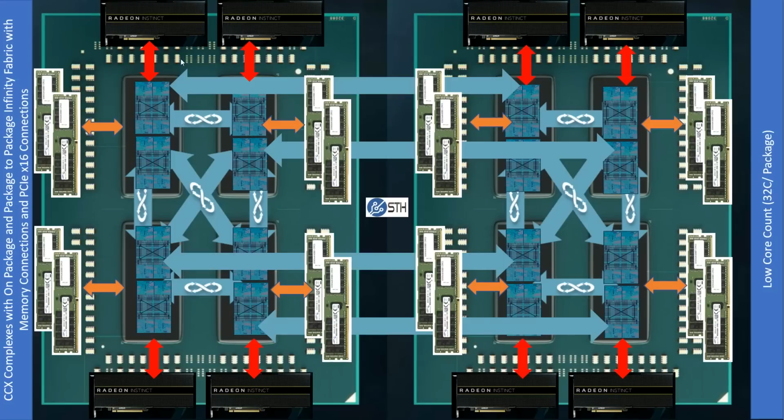For example, if this GPU on die 0 needs to talk to the GPU on die 3, that data is going to have to go over an Infinity Fabric link. Likewise, if the GPU off of die 0 needs to access memory that's sitting off of die 3, it's also going to have to go over the Infinity Fabric link.